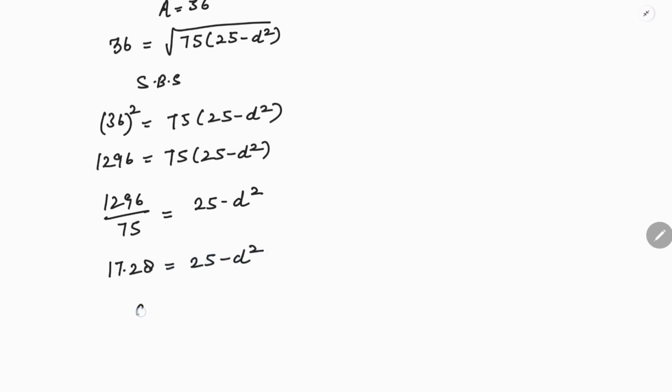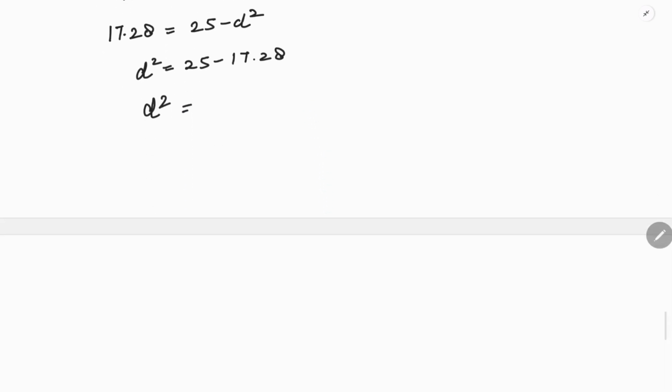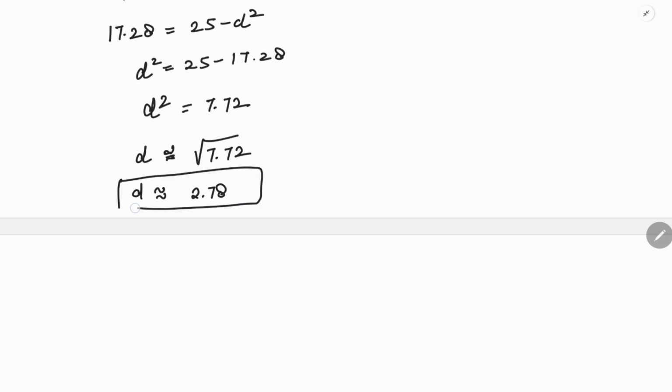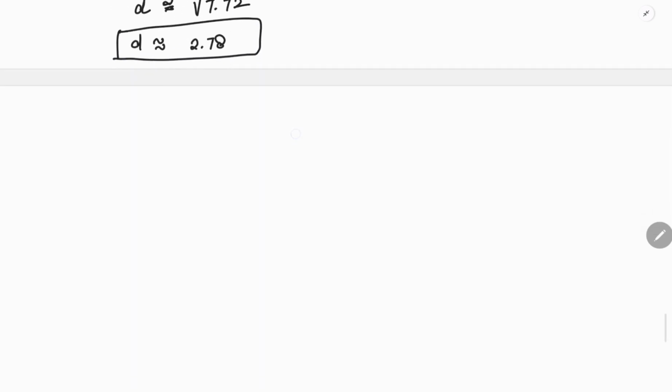Then we take d square to the left hand side, so d square is equal to 7.72 when you subtract, and d is equal to the square root of 7.72, which is approximately 2.78.